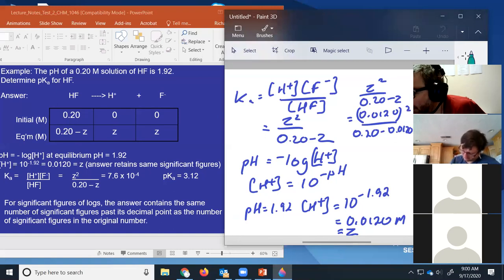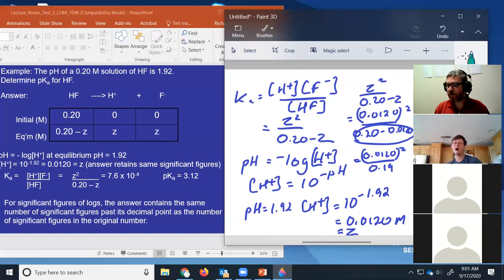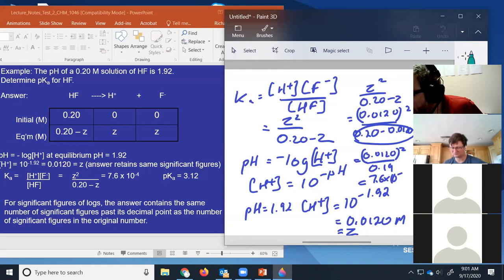Now we're mixing operations here, so this is going to go by the number of places past the decimal. So that comes out to be 0.0120 squared over 0.19. And then that comes out to be two significant figures, 7.6 times 10 to the negative 4. So that would be the Ka value.